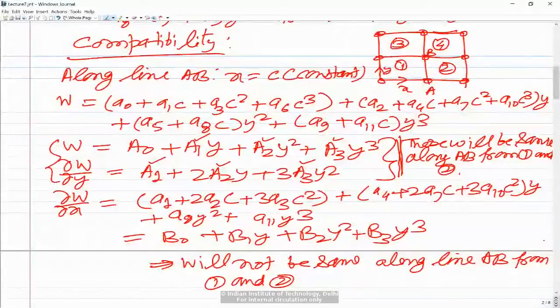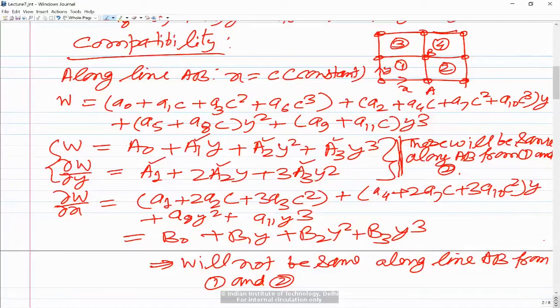So these are four values: W and del W by del y at A, W and del W by del y at B. We are not just taking W, we are also taking del W by del y. That is why we can find out the constants a0, a1, a2, a3 from both the elements 1 and 2. They will be the same constants.